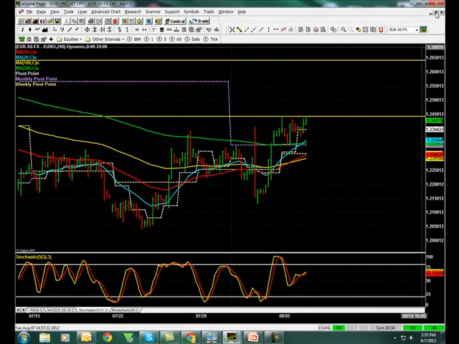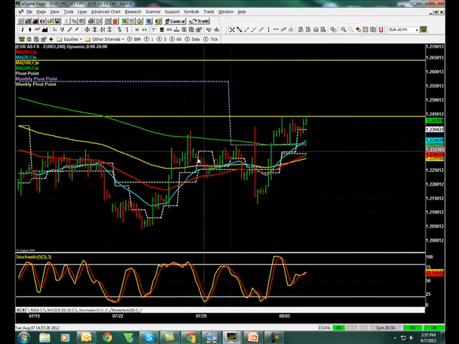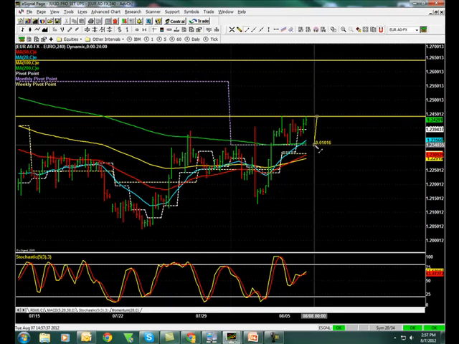That was the Non-Farm Payrolls and FOMC and all the news that we had last week. It's been going flat for 2 days really, and the range is very small, hasn't moved much at all.